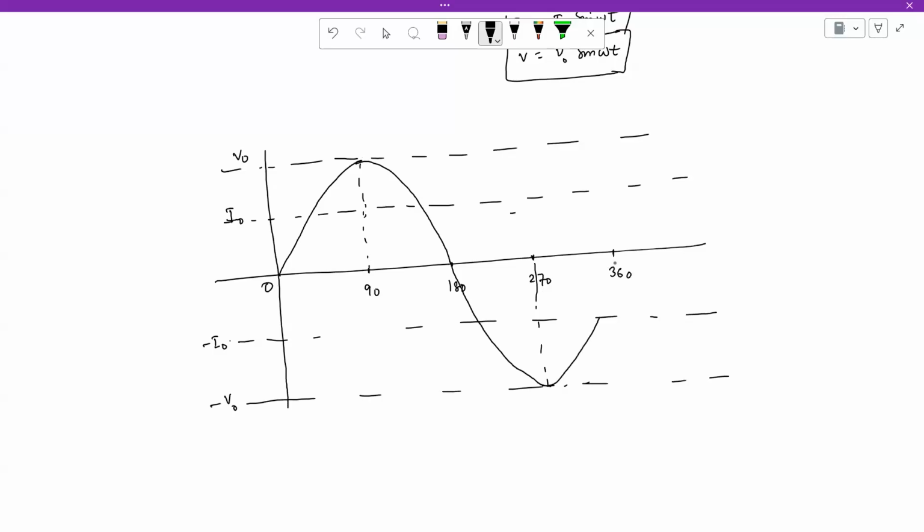And then 0, right? So this is V naught sine omega t. Now this amplitude is decreased, V naught by R. So then this would be something like this.